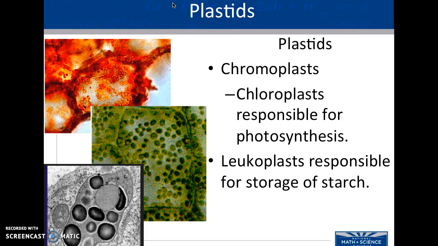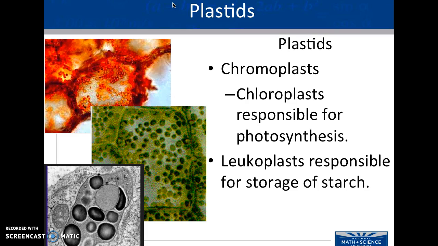And so we have to backtrack a little bit. Chromoplasts are responsible for photosynthesis. They are the specific parts of our chloroplast that do the photosynthetic work. Anything that has plast in it has to do with storage. Typically, leucoplasts are responsible for the storage of starch specifically.